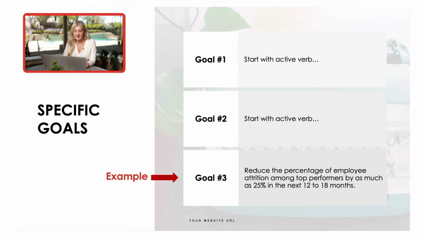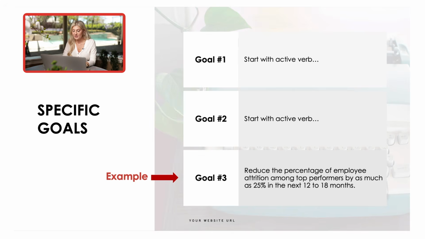On the next slide, you're going to capture 3 specific goals. And if possible, you want to make these measurable goals. And again, we're looking for either bullet points or at most 1 sentence each.